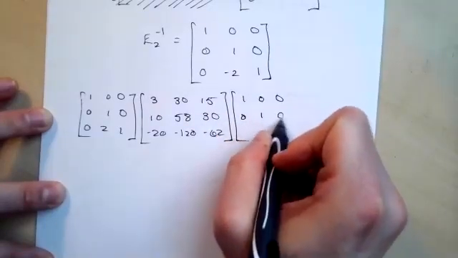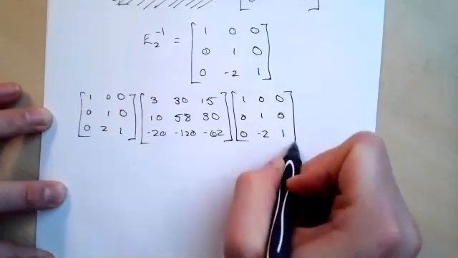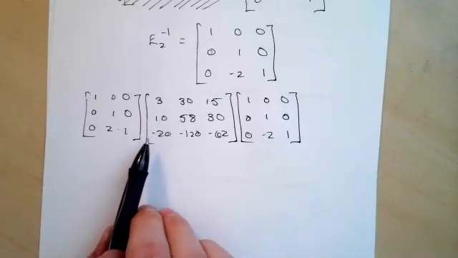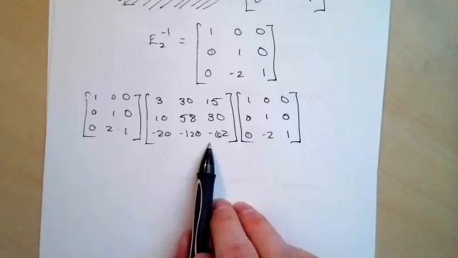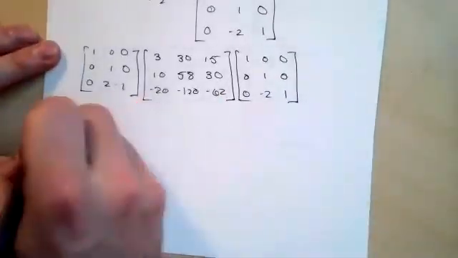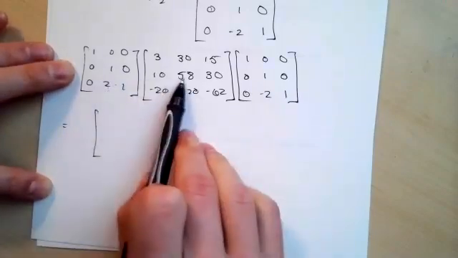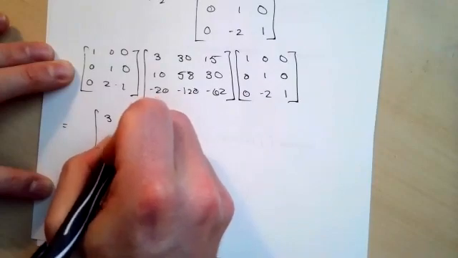Hopefully everyone is starting to see how these multiplications work and starting to make sense of the row operations that multiplication by these elementary matrices does, and the column operations as well. So we can go through some of these calculations a little quicker. What are we going to get? Well, we are adding 2 times row 2 to row 3. We can simply do that row operation.